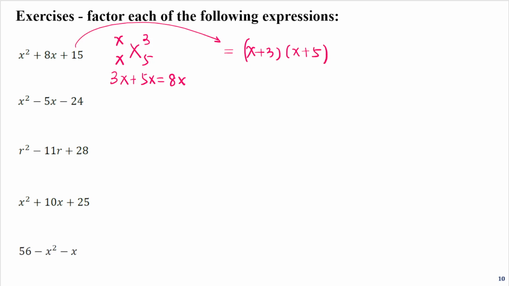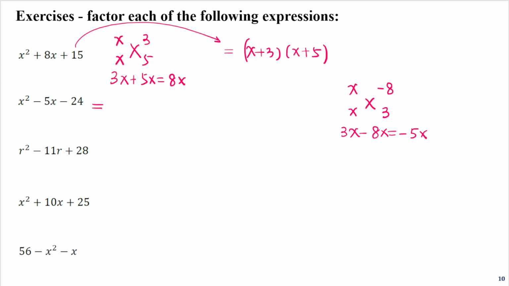For the second one, again, x squared can be factorized to x by x, and negative 24 can be factorized to negative 8 by positive 3, because we want negative 5x in the middle. So in this way, the cross product will give us 3x minus 8x, which is exactly negative 5x in the middle, right?